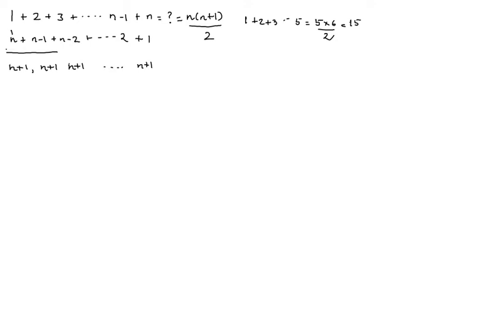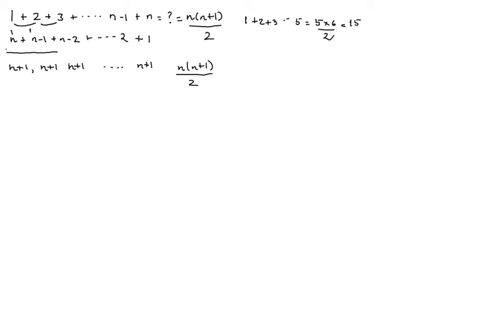So if you add the two series together, you get n pairs, each adding up to n plus 1. Now this is the sum of two such series. The sum of one of them means just divide by 2, right? Now the sum being n plus 1 all the time is not very surprising because your 1 to 3 series increases by 1 all the time, right?